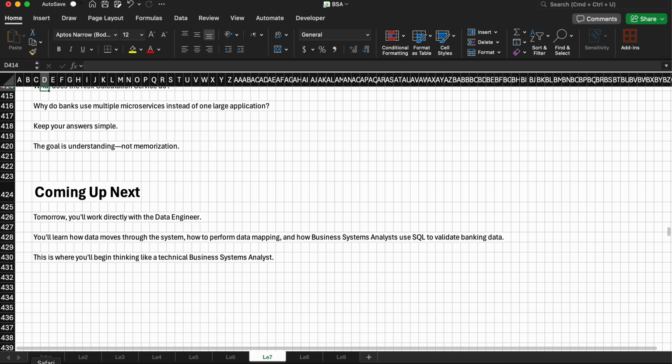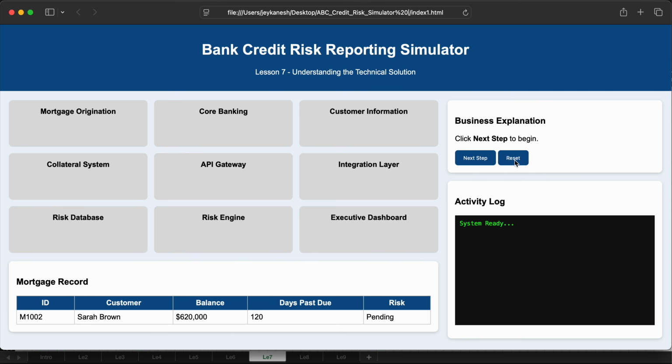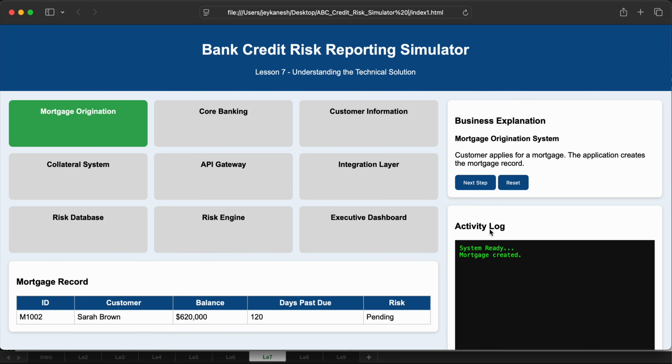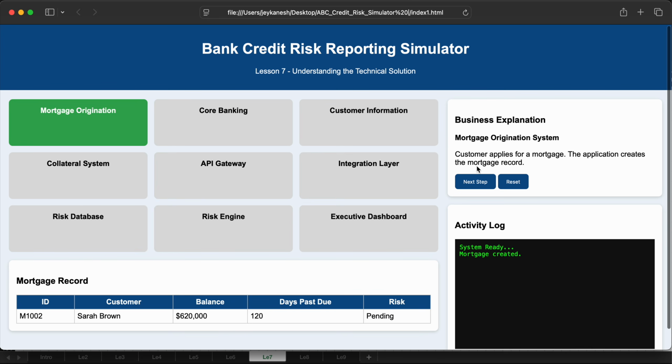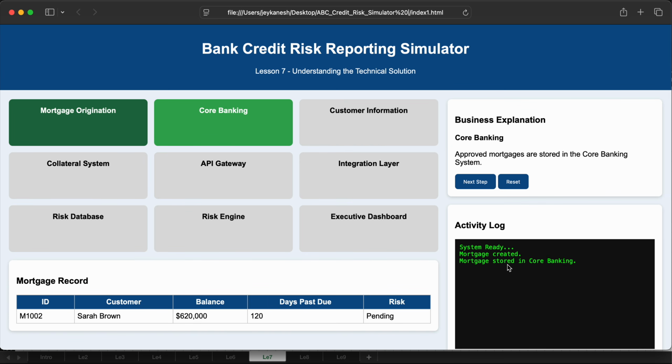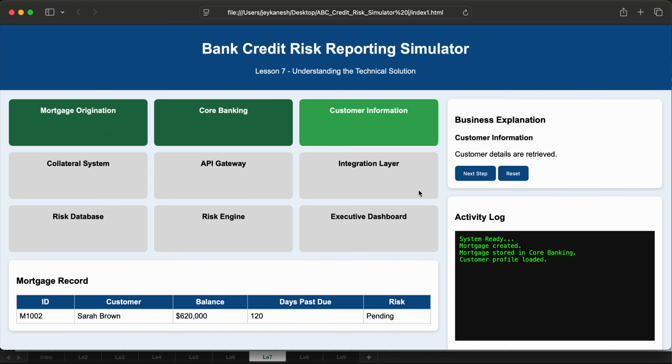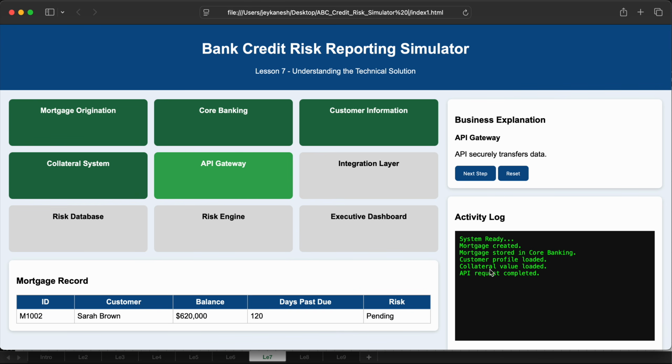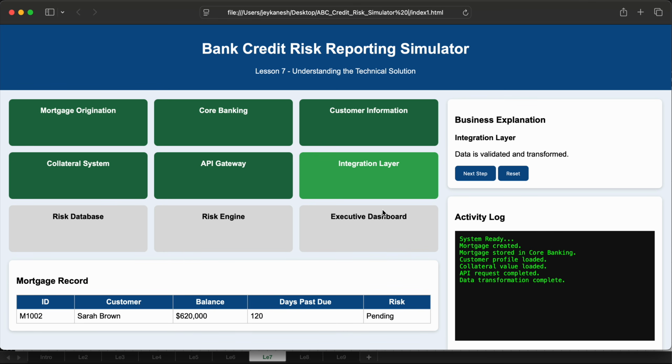Okay, so one more time, let's reset this application and you can see what steps are happening where. Mortgage created from the origination system, and mortgage stored in core banking here. Next, customer profile is loaded, demographics. Next, collateral value loaded, and API request completed, integration layer data transformation is completed, and data saved into the risk database.